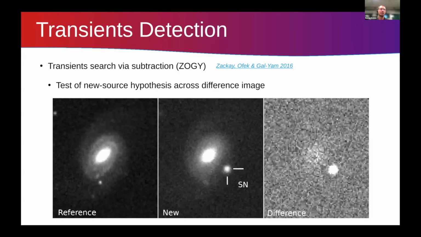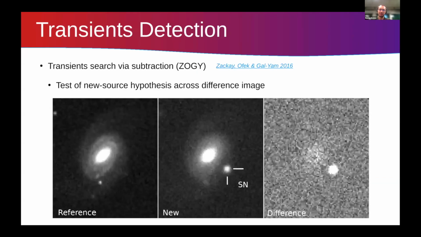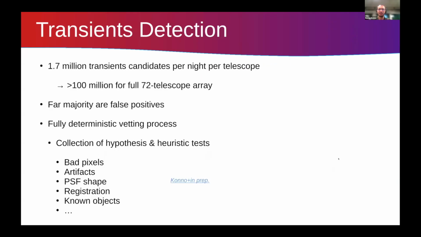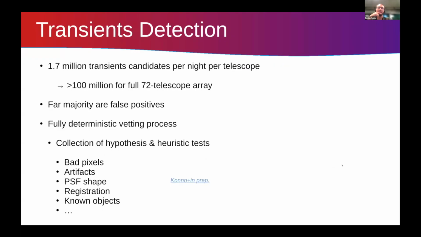Right, so right now, what we see basically is that per night, we get about 1 million such transient candidates per night per telescope. So with 72 telescopes, we expect more than 100 million candidates per night. The vast majority of these are, of course, false positives, artifacts, fluctuations, and so on.